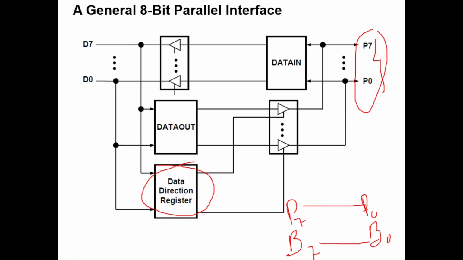If a particular bit is 1 in the data direction register, the port corresponding to that bit works as an output port. If a particular bit is 0, the port corresponding to that bit works in the input direction. So the direction of these 8 port lines P0 to P7 can be individually programmed using the data direction register.